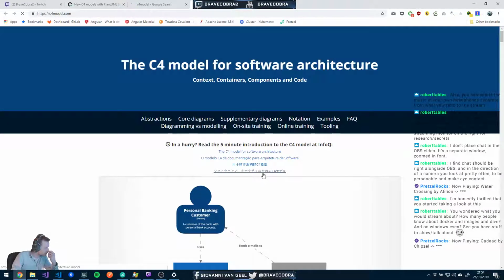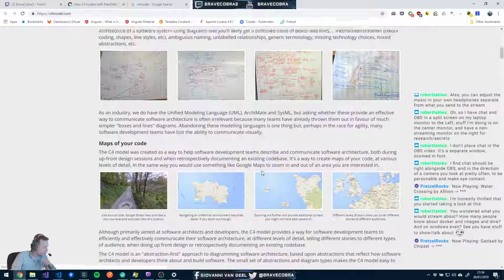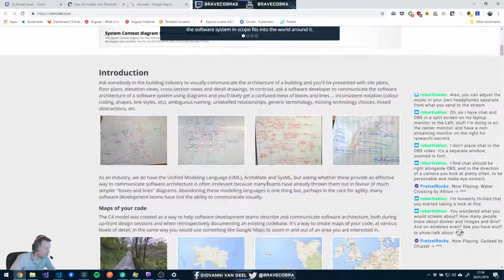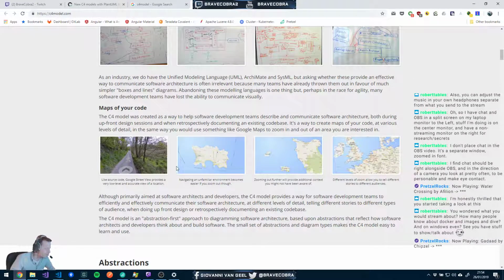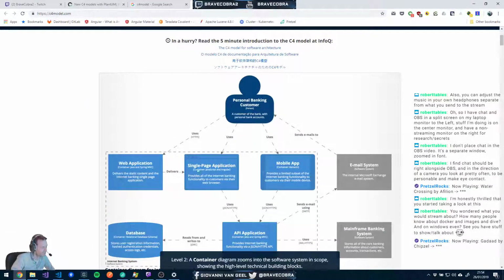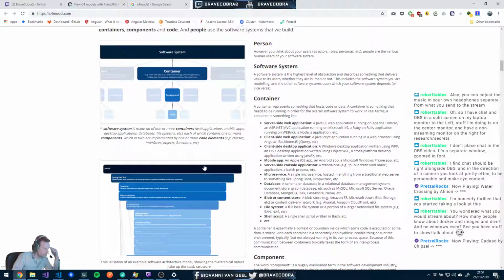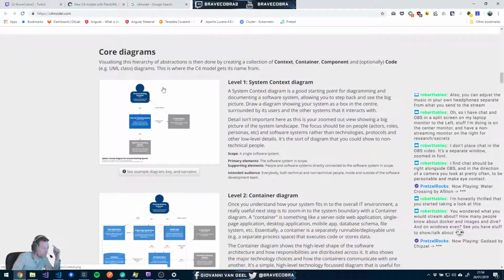which is a guy who's introducing an architecture modeling thing which comes in 4 levels. And it's kind of similar to what Google Maps does, and then you zoom in. So you get to level 1, which is just a complete abstraction of what you do and where your system interacts with other systems.